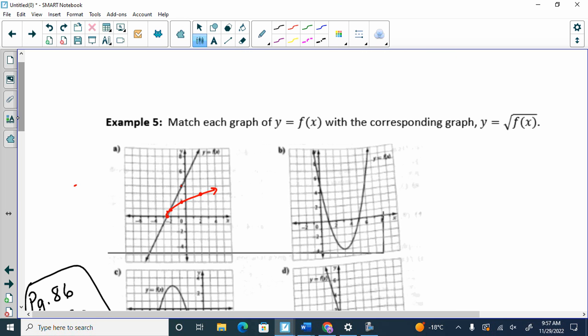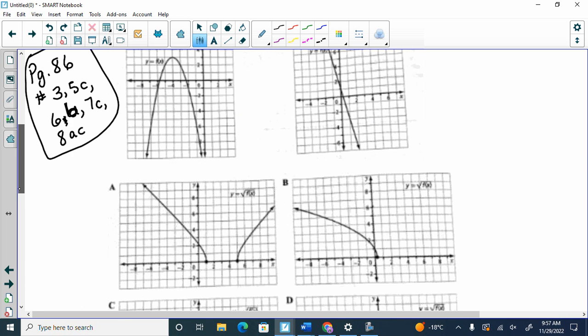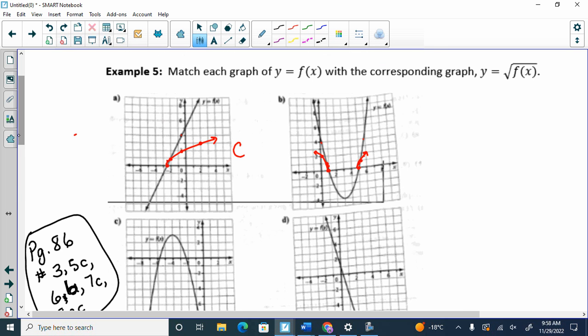C. This one. This remains invariant, this remains invariant, this remains invariant, this remains invariant, this moves up to 0.7, 4 drops down to 2, 4 drops down to 2. It's going to go something like that, which is A. That's your homework.